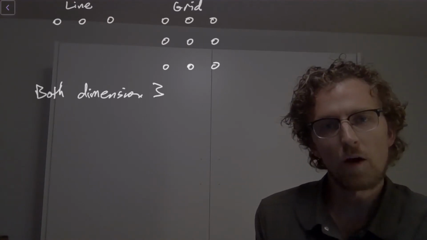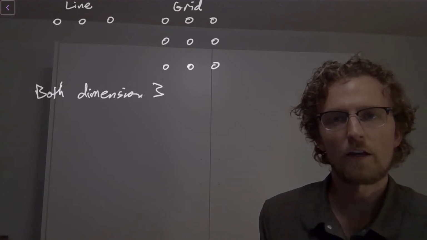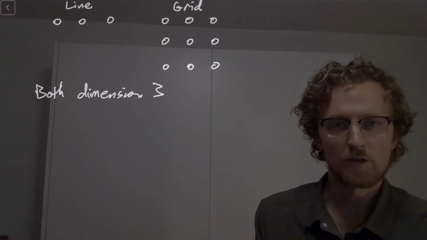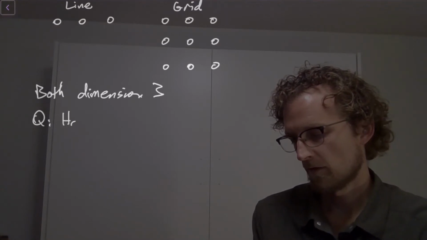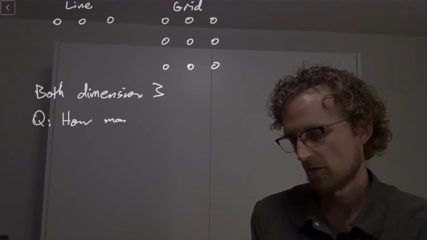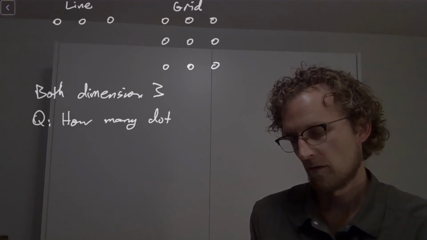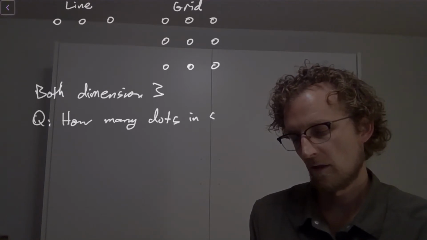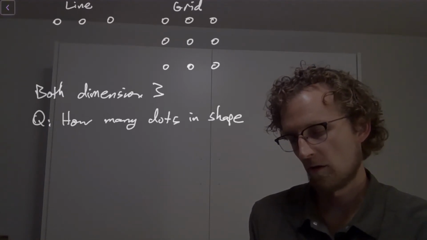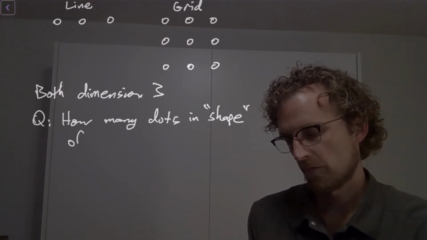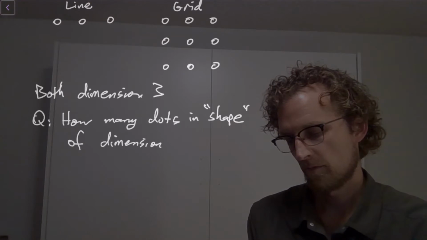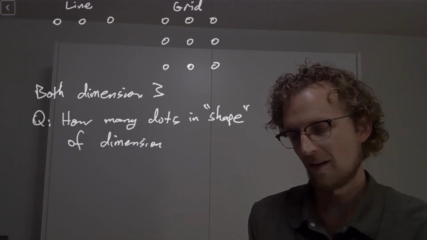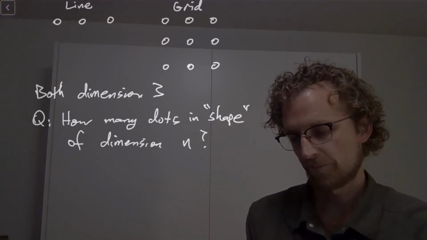The question is, how many dots are in a line or a grid of dimension n? Not just 3, dimension n.